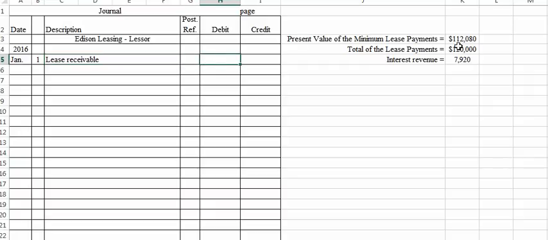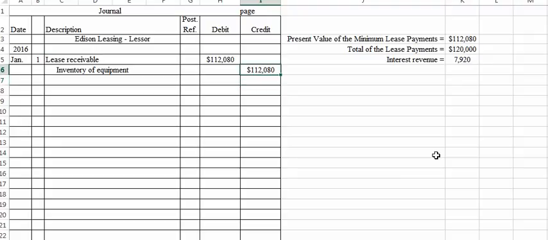For the present value of the minimum lease payments, $112,080. And we're going to credit inventory, they say, of equipment for the same amount, $112,080. What they paid for it.